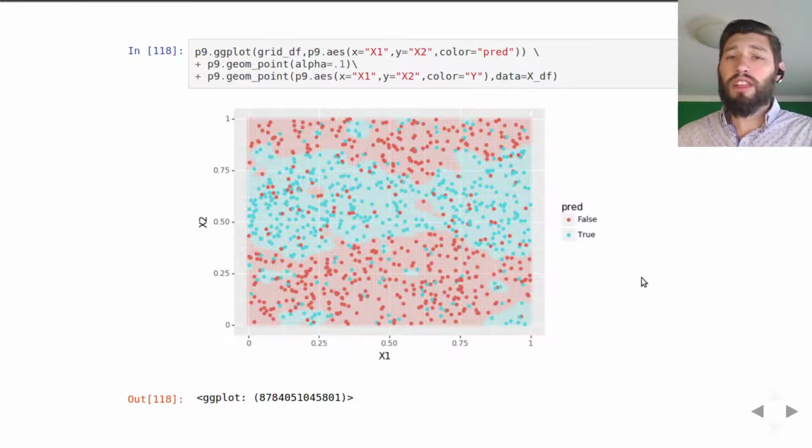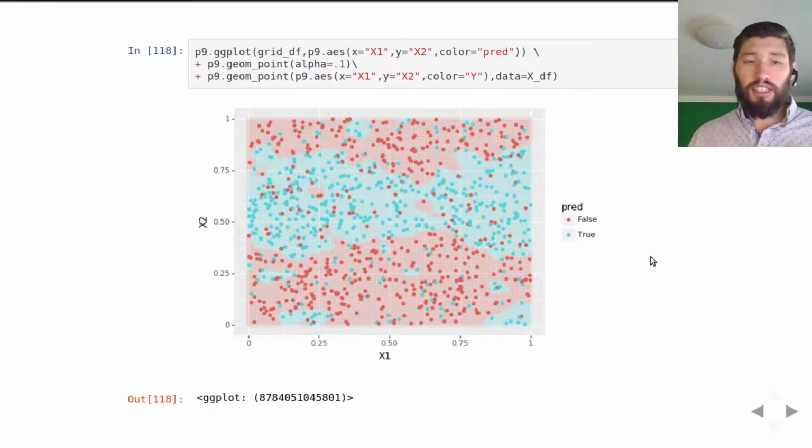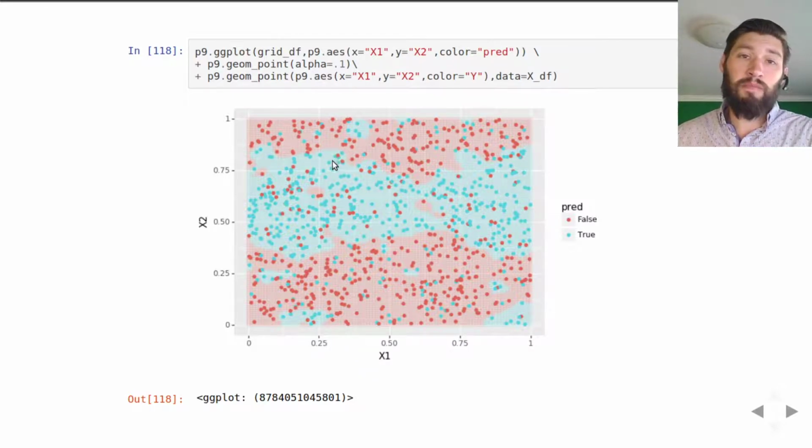I think the big challenge here is understanding why kernel machines have this behavior of making these local predictions as we increase gamma, and what the effect of the kernel is on our prediction and on fit.